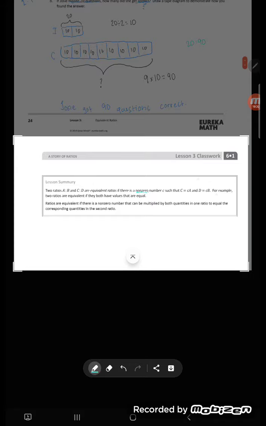So this is just saying we multiplied A and B by the same thing to get our new ratio, C to D. We did A to B times that whole thing by this number c is going to give you C to D, the new ratio. But they are equivalent. Ratios are equivalent if there is a non-zero number that can be multiplied by both quantities in one ratio to equal the corresponding quantities.